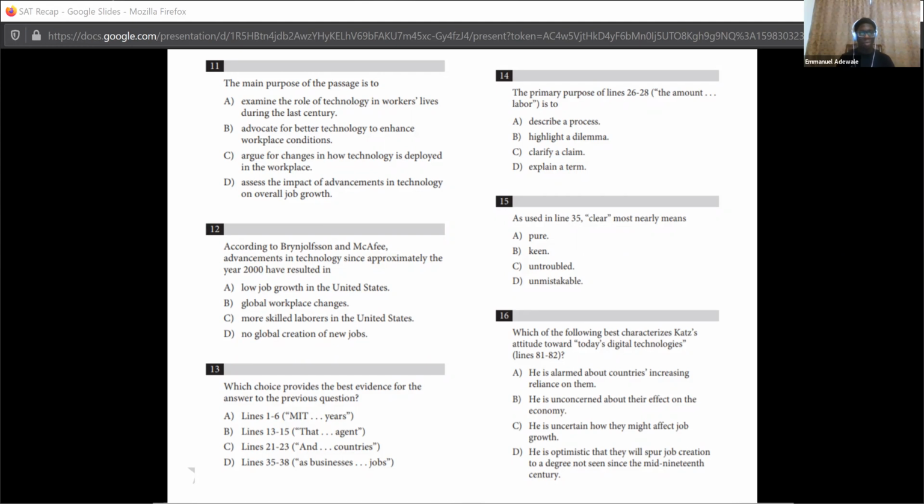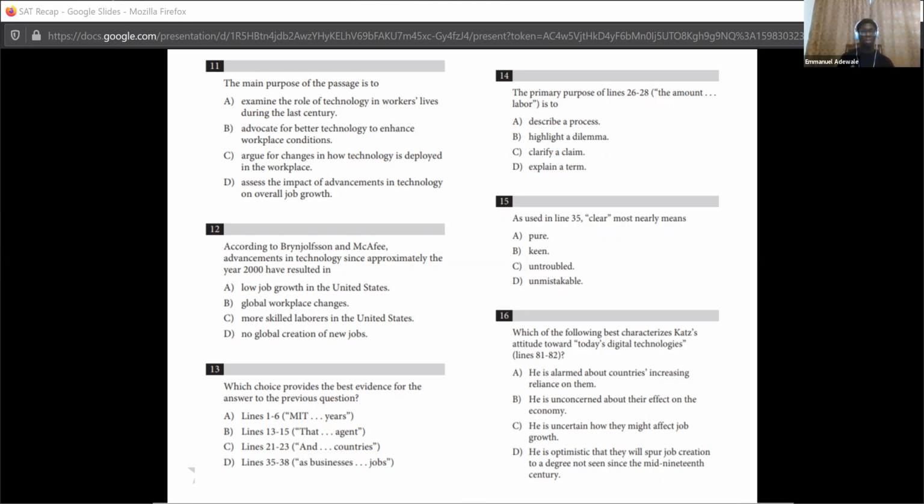Okay. Well, in order to save a little bit of time, for number 13, choice A is the best answer again. And those lines were 1 through 6. And again, it was that statement about how the advances in technology were leading to some of that low job growth.